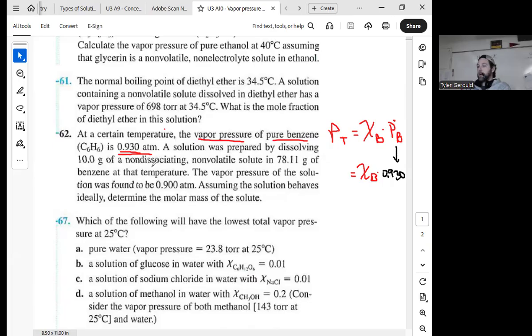And we have a non-dissociating solute, which means that's a times one effect. Non-volatile, so we only have to consider the vapor pressure of benzene. Solute, and here's a mass of 10 grams of a non-dissociating, non-volatile solute.